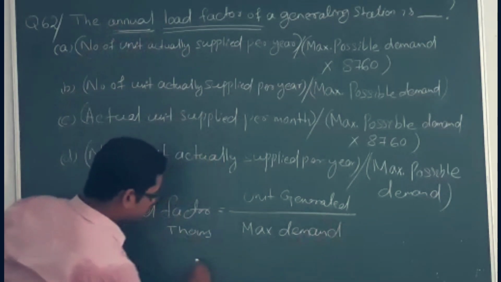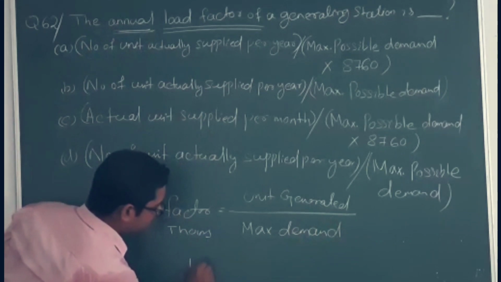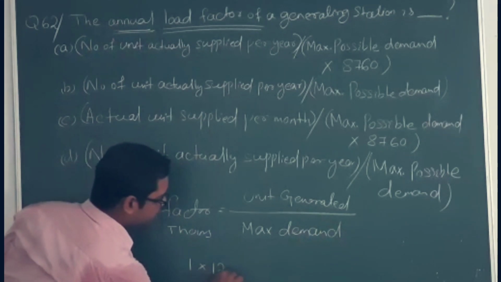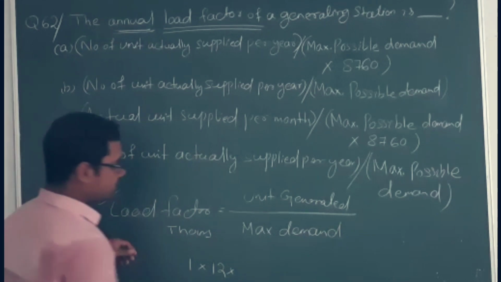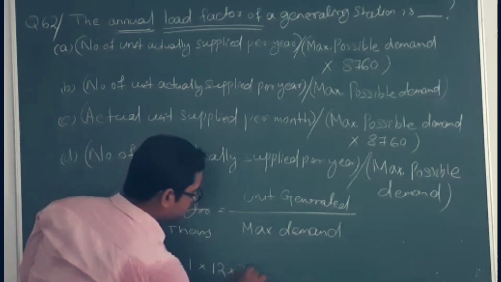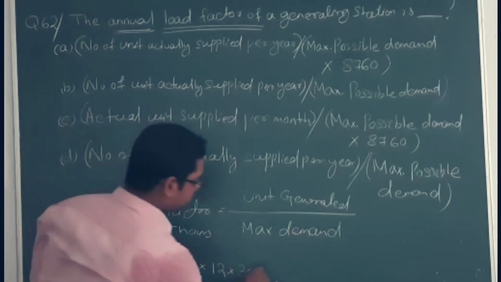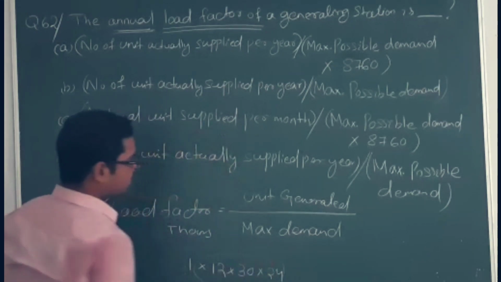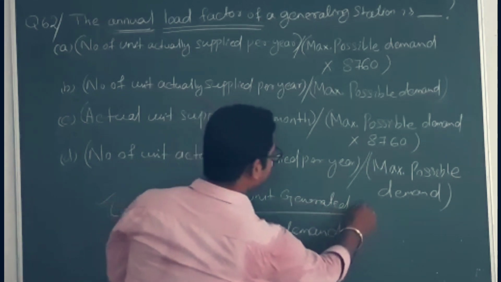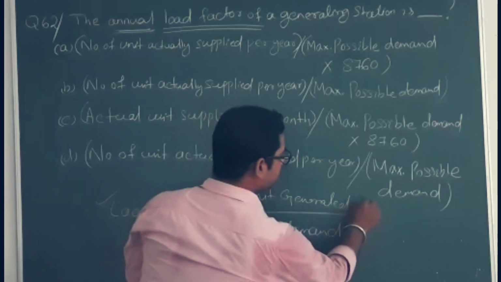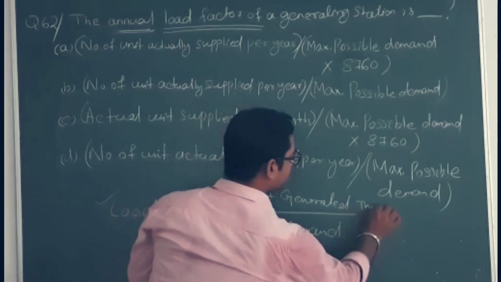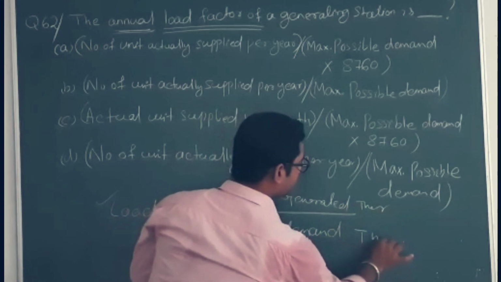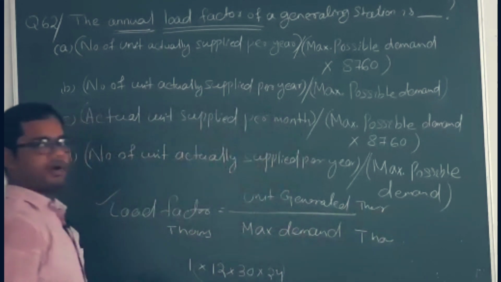One year has 12 months, each month has 30 days, and each day has 24 hours. If you solve this, you can simply find the units generated. This is calculated for T hours.